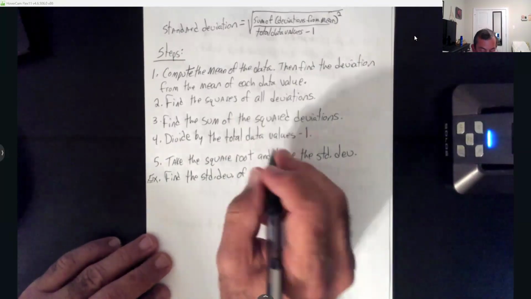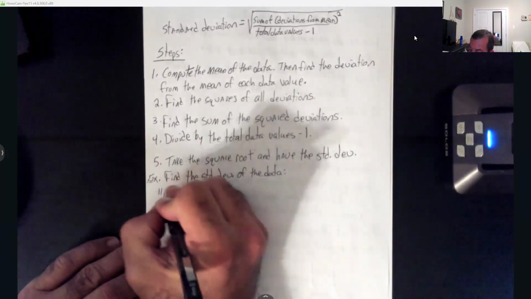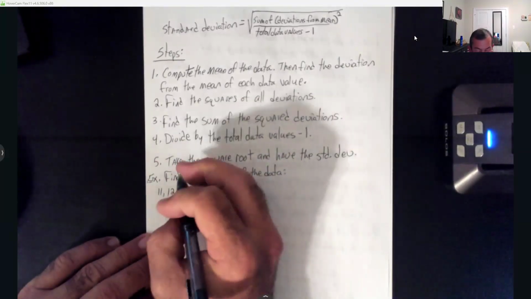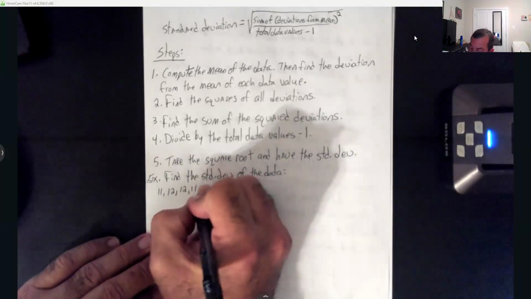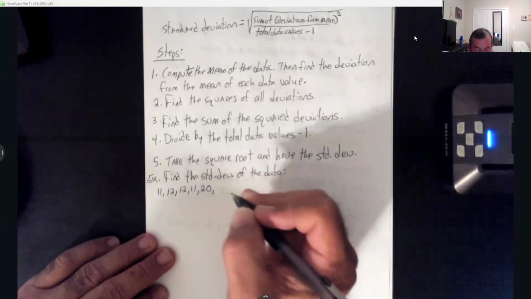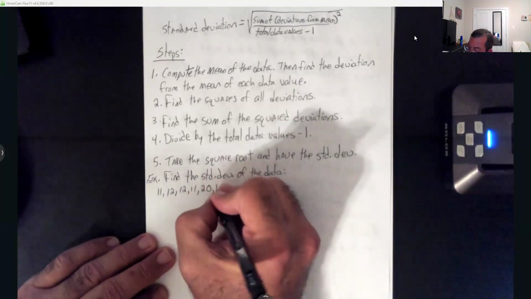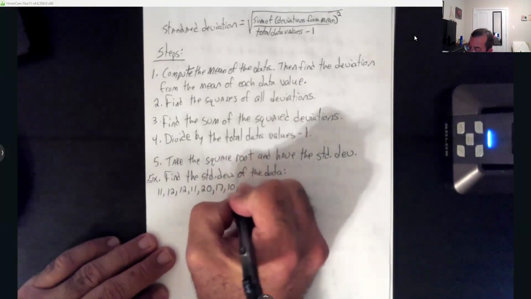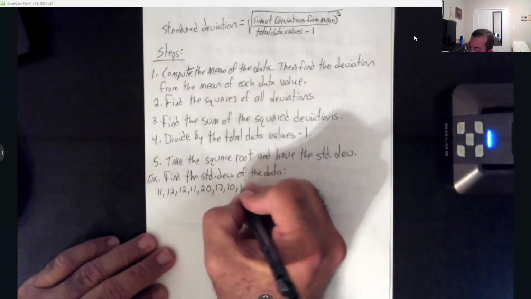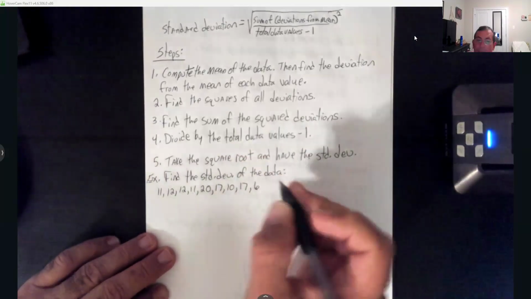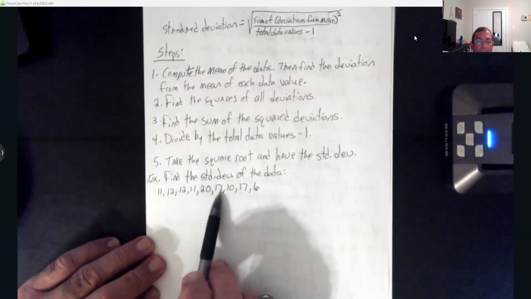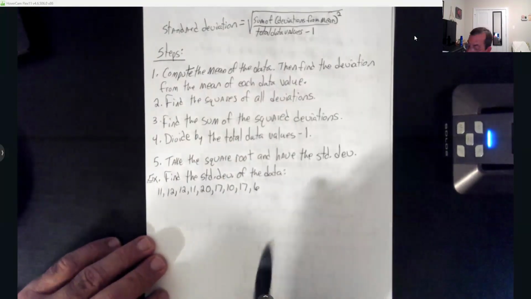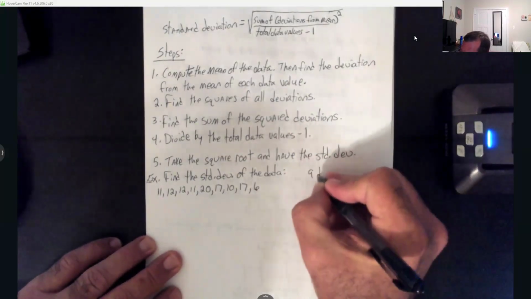Now my data is 11, 12, 12, 11, 20, 17, 10, 17, and 6. So let's see how many we got. 1, 2, 3, 4, 5, 6, 7, 8, 9. We got 9 data values.